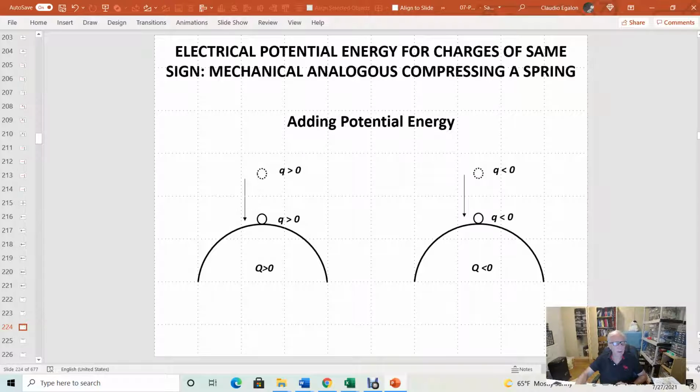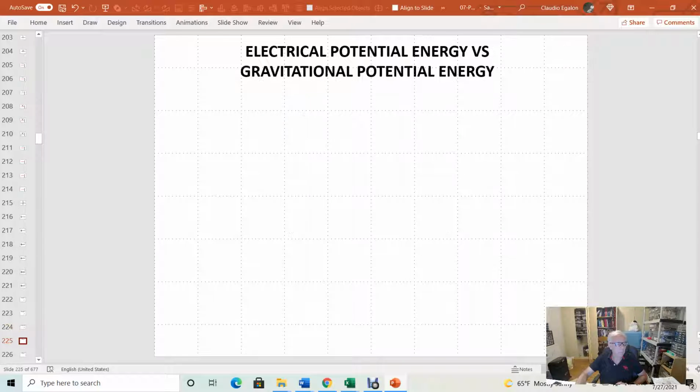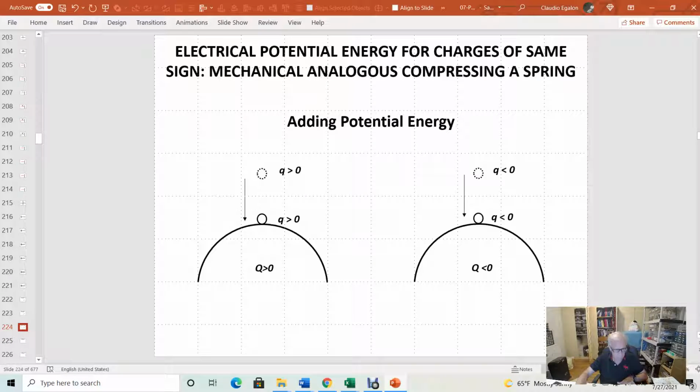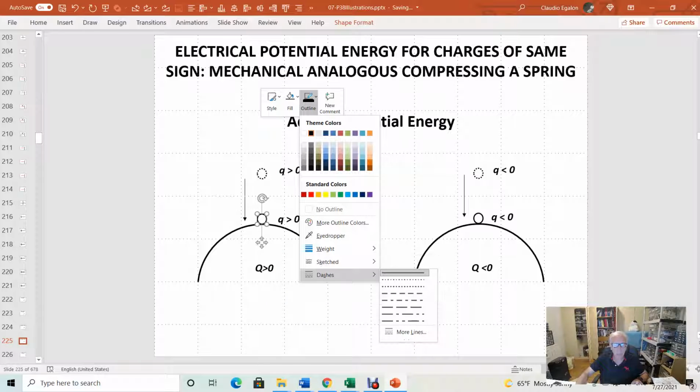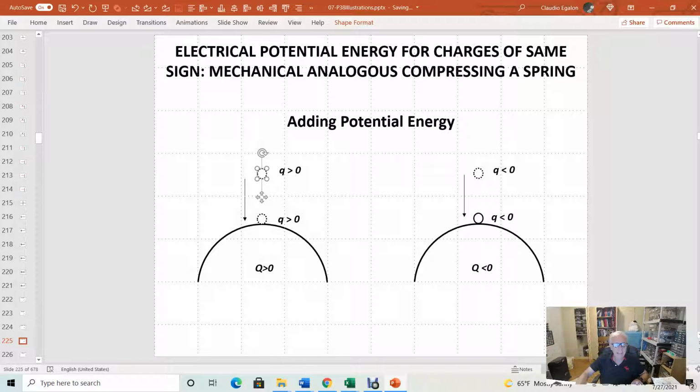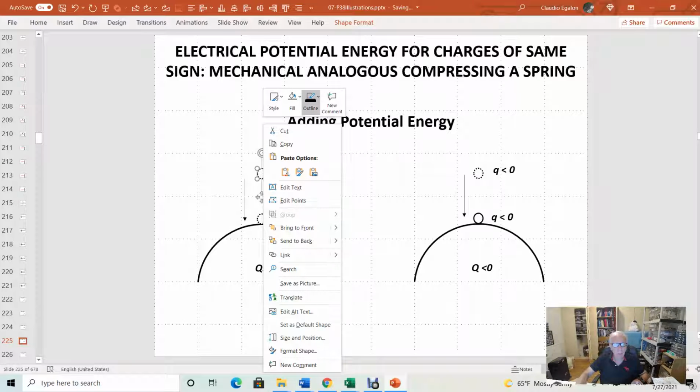And then we can do the other way. We can subtract potential energy. And everything is going to be inverted here, right? So this guy is going to start there at the bottom and it's going to end up at the top.